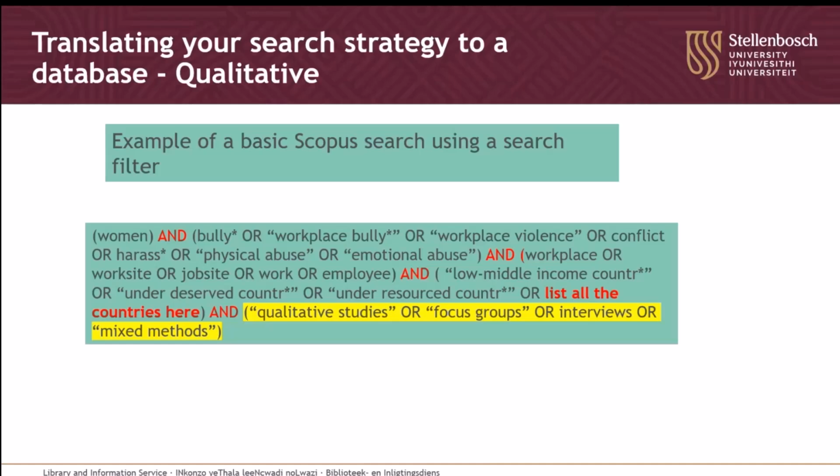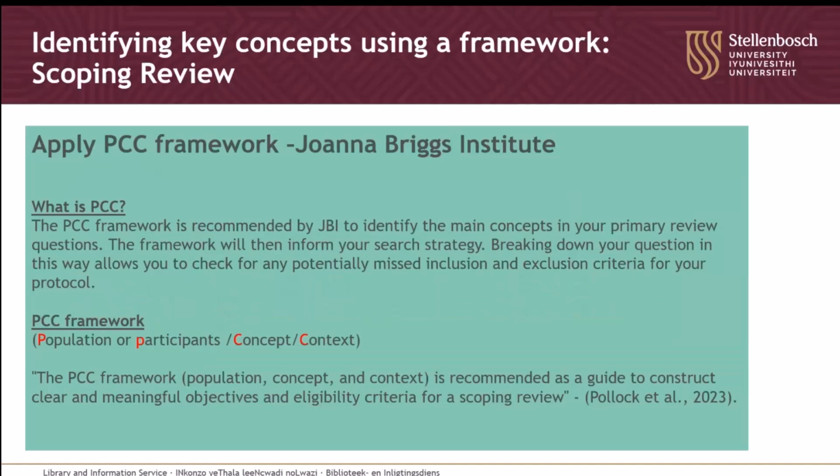Here I've just added some truncations and quotation marks around the phrases if they're more than one word, and the part highlighted in yellow is the kind of studies you're looking at, which you can add as part of your search.